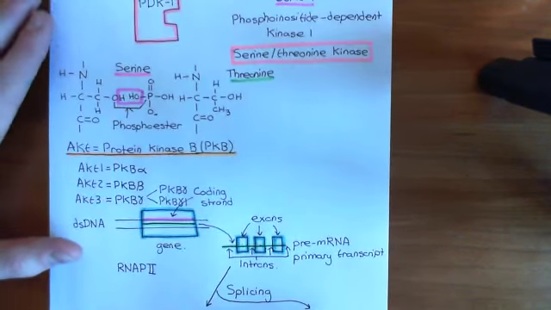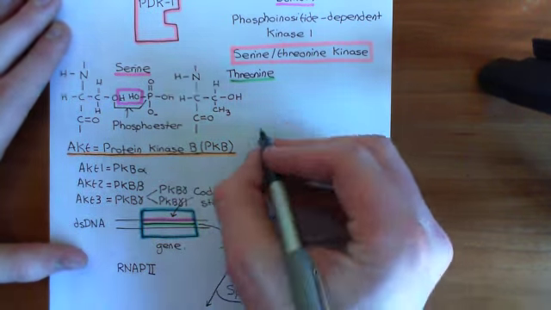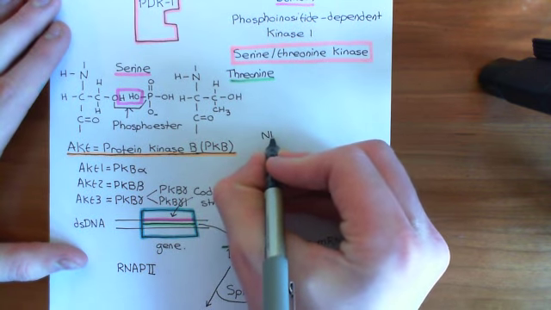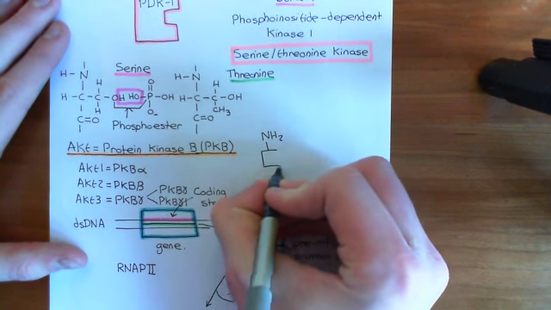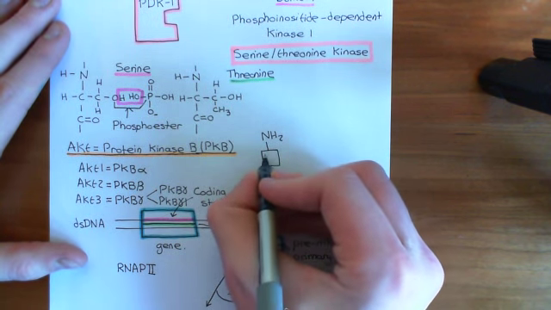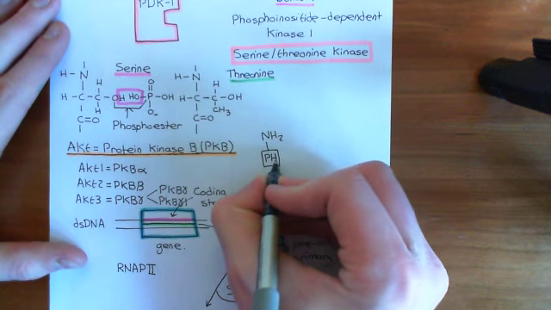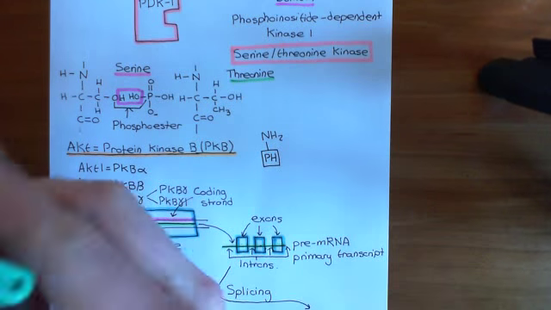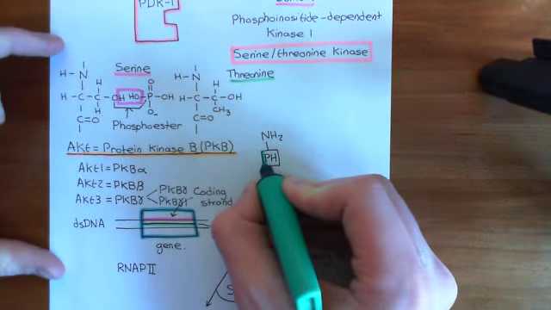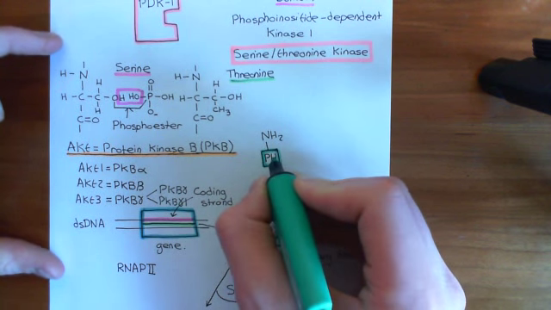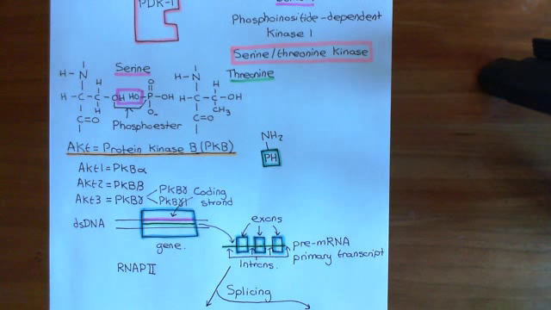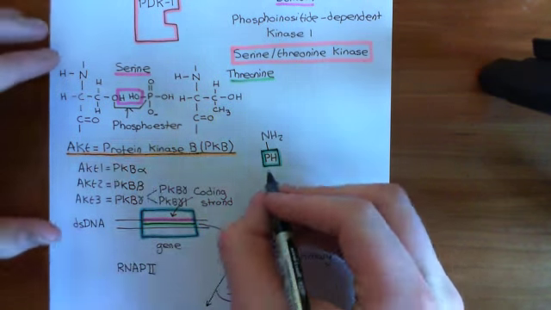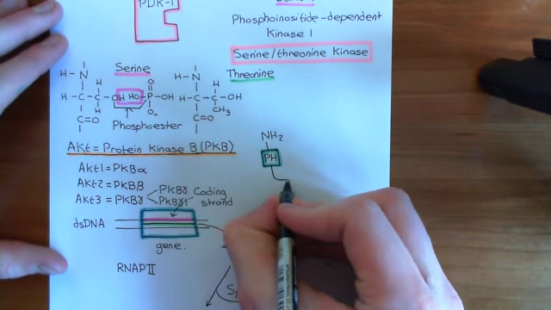Okay, so let me now draw a picture of what the protein kinase B enzymes look like. So here is the amino terminus of the polypeptide. Then the first important domain that you have at the amino terminal end of the polypeptide is another one of these pleckstrin homology domains. Okay, and this is going to be responsible for recruiting it to the membrane when PI3K becomes present in the membrane.